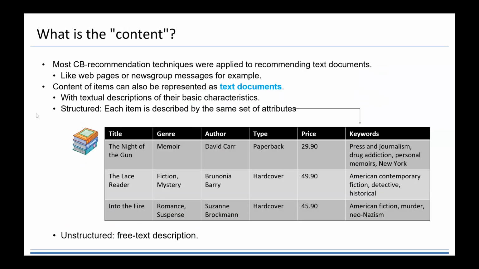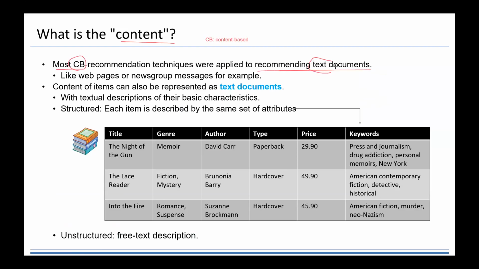And you need to know what content is. We call it CB, a content base. CB means content-based recommendation techniques, which were applied to recommending text documents. If we learn about text analytics, we will have the same idea.